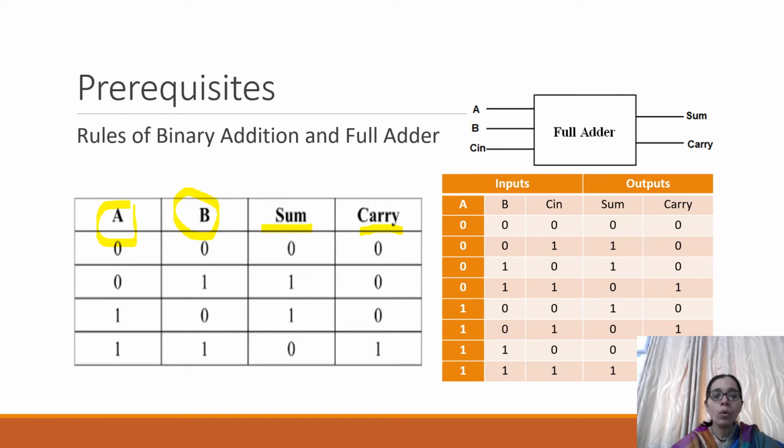Whenever A is 0, B is 1, sum is 1 and carry is 0. A is 1, B is 0, sum is 1 and carry is 0. And A is 1 and B is 1, then sum is 0 and carry is 1, because 1 plus 1 is 2. So these are the rules of binary addition that we will need to study the full adder.